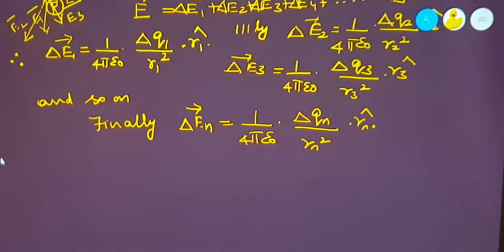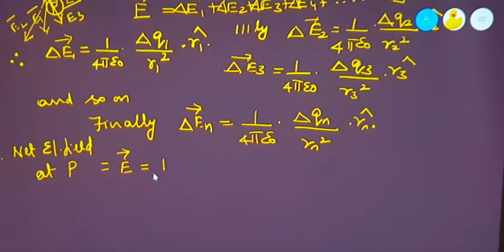Now the net electrical field. So I can calculate the net electrical field at the point P, which is E vector equal to what we have written, delta E1. What is delta E1?